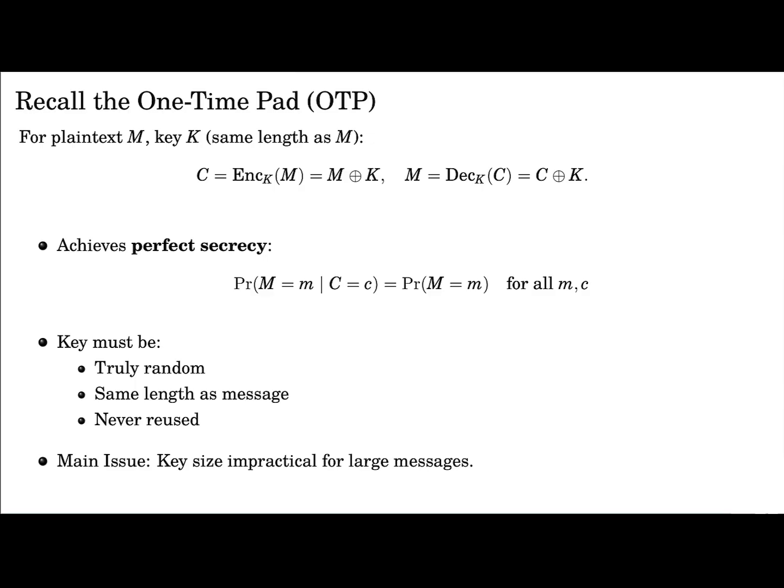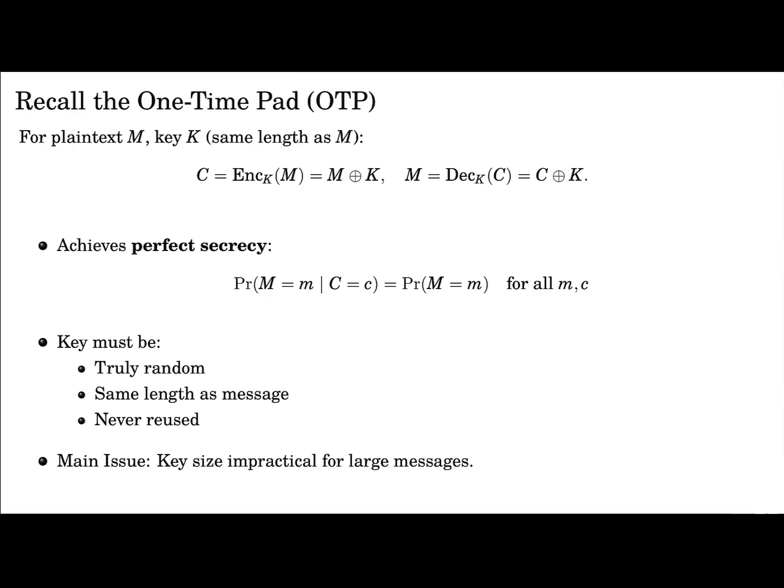For a long message, we need an equally long secret key. And for many messages, we may need many long independent keys. And sometimes this is not the most realistic, right? Also, there is the issue of how you transmit the keys, which is what we're going to get to in this lecture. How do you send keys themselves?